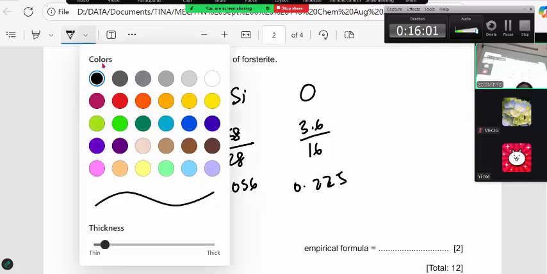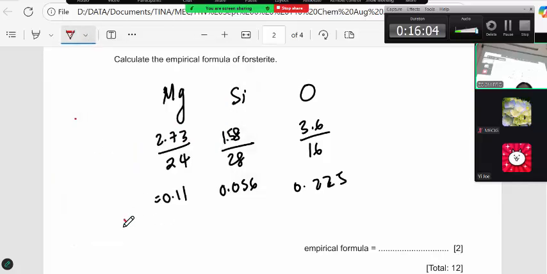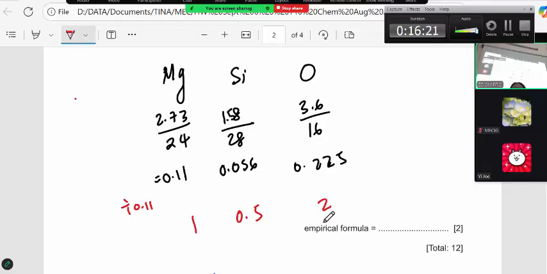Divide the smallest. So all three, divide by 0.11. So you get 1, and then 0.5, and then 2. Okay, then what do you do?